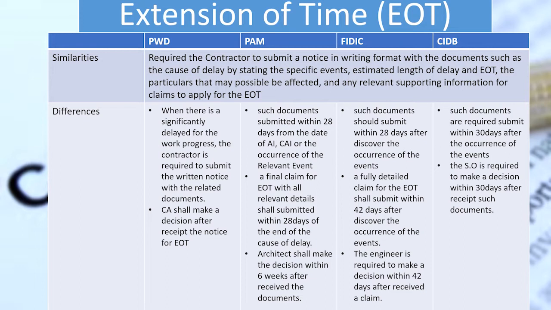The architect should make the decision within 6 weeks after receiving the documents from the contractor. In FIDIC, such documents are required to be submitted within 28 days after discovering the occurrence of the events. A fully detailed claim for the EOT should be submitted within 42 days after discovering the occurrence of the events, and the engineer is required to make a decision within 42 days after receiving a claim from the contractor.